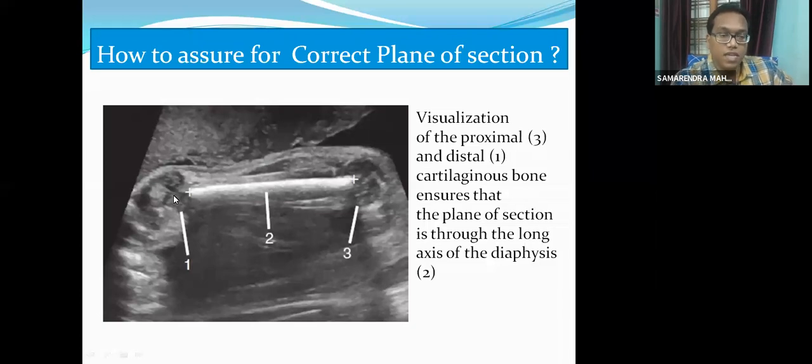And on each end, we are seeing hypoechoic areas, labeled as 1 and 3, which are actually the unossified epiphyseal areas, which are not visible in this scanning. So if we are getting both epiphyses, the hypoechoic areas on both sides, that means we have included the whole diaphysis, number one, and it is almost horizontal. So it is the correct plane.